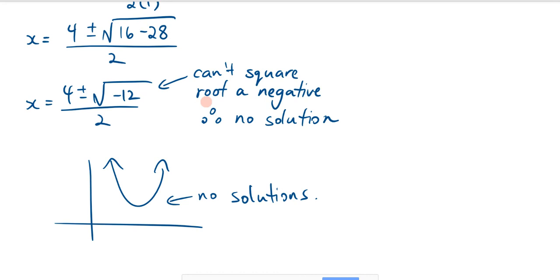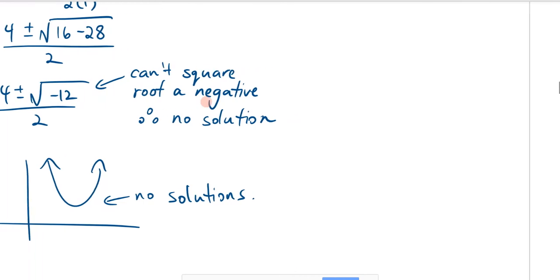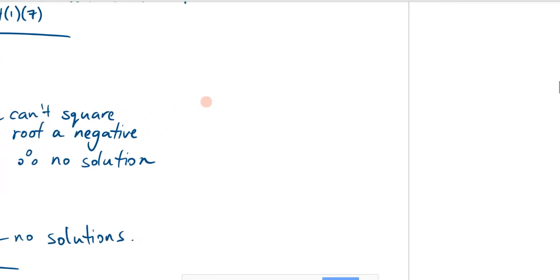Okay? And it turns out that pattern keeps going. Anything that you calculate under the square root will help you determine whether your parabola has two solutions, one solution, or no solutions. And this thing under the square root is called the discriminant. So b squared minus 4ac, this is called the discriminant.